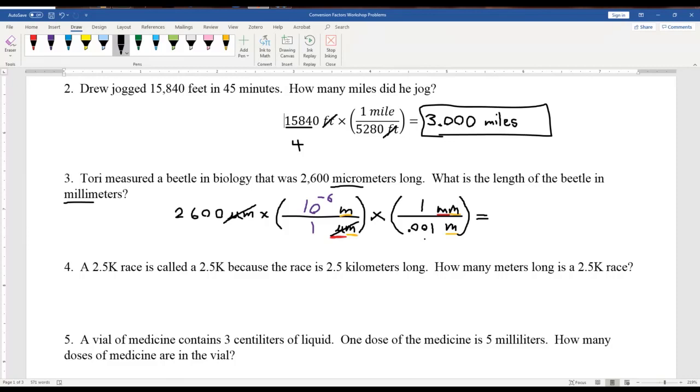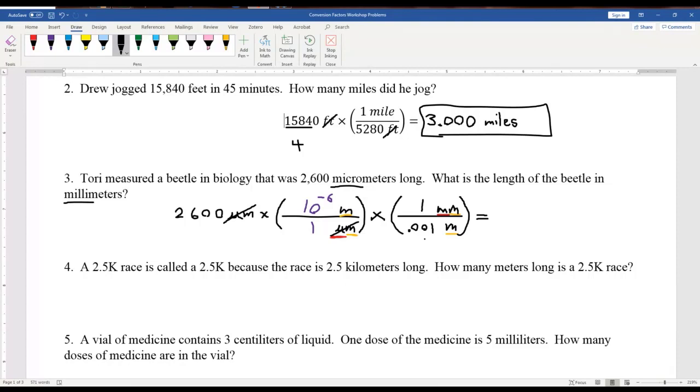So it's usually a good idea. Like I said, if you're careful, if you check yourself, you can certainly use any valid conversion factor. If you wanted to, you could put 1,000 millimeters on top and 1 meter on bottom, and that would be correct. But if you have to memorize these metric conversions, it might be easier.